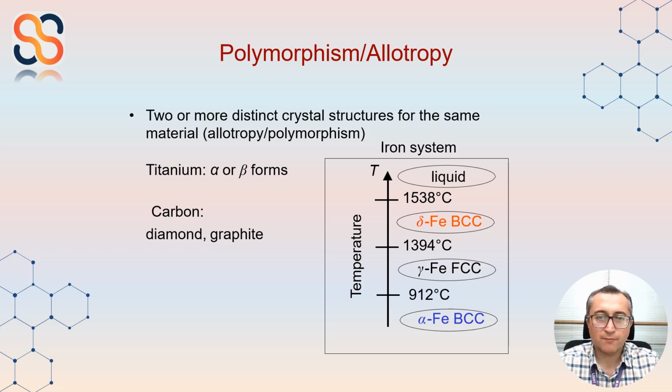We also have face-centered cubic structure, gamma Fe, which is stable between 912 degrees Celsius and 1394 degrees Celsius. In addition, we have alpha Fe with BCC structure below 912 degrees Celsius.